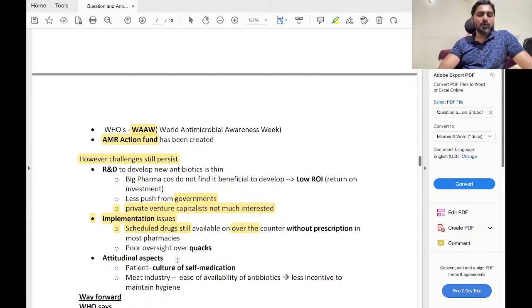Then there is poor oversight over quacks. Quacks are basically fake doctors, mostly in rural areas, but you will also see them in urban areas. But this also points towards the poor health system that India has, specifically in rural and unserved areas, because the qualified MBBS doctors do not prefer to go to rural areas.